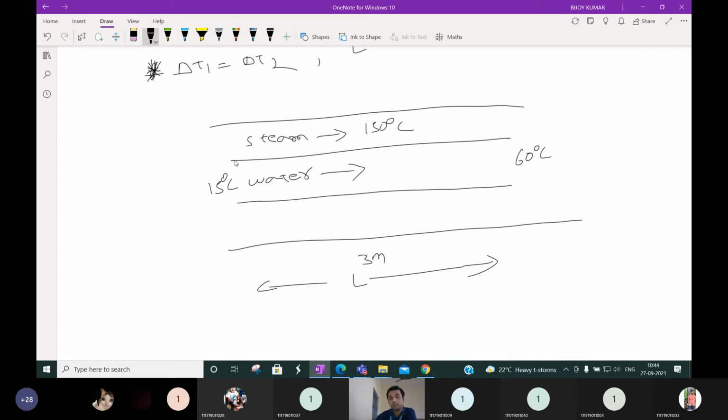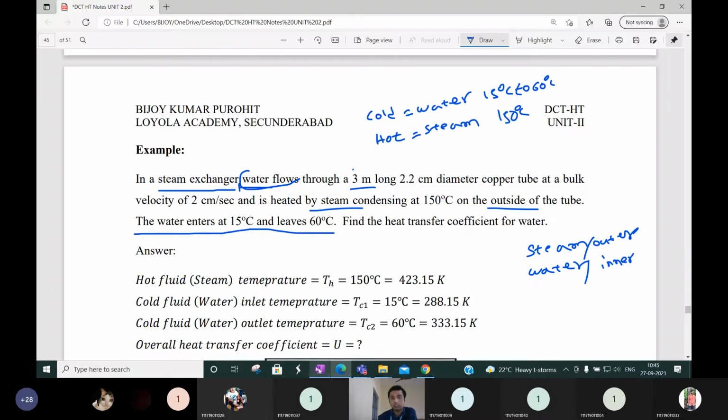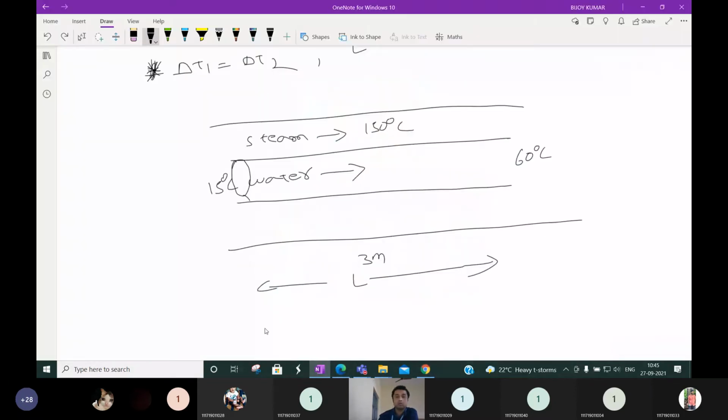And the tube through which the water is flowing, this diameter is given as 2.2 centimeter, or we can say 0.022 meter.